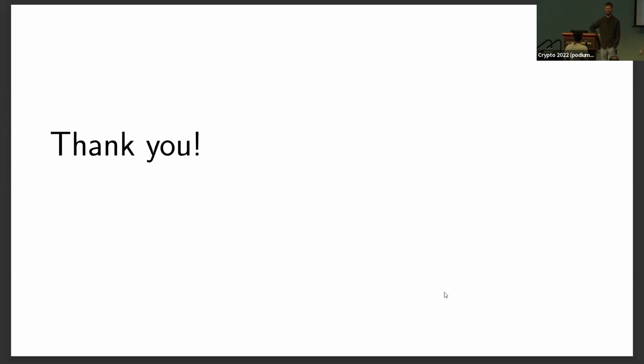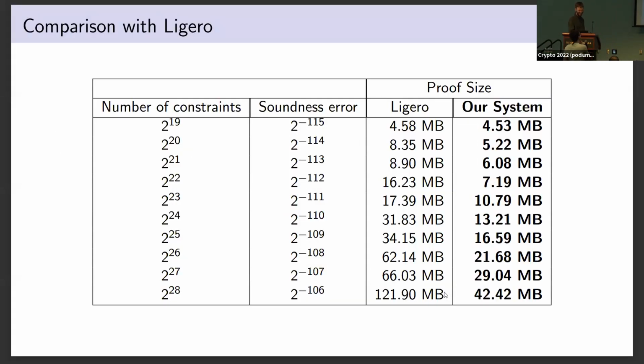So if your witness is 2 to the 28, you lose 14 bits of soundness. Do you analyze this in the paper? Essentially, this is why the soundness error goes down exactly like this: the interactive Schwartz-Zippel argument that we give loses 1 bit of soundness for every additional power of 2 in the constraints. Okay, thank you.